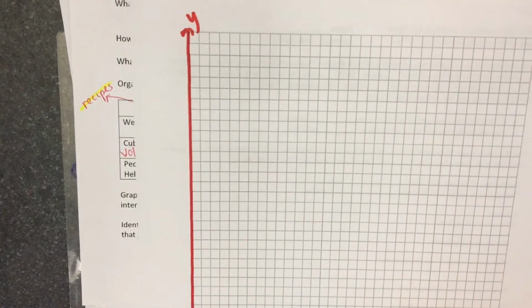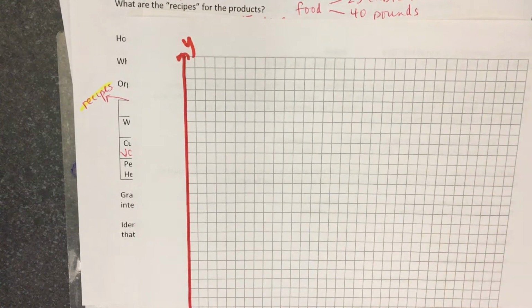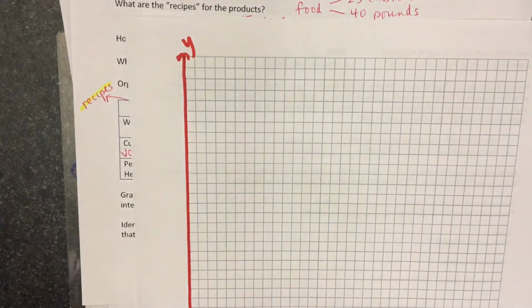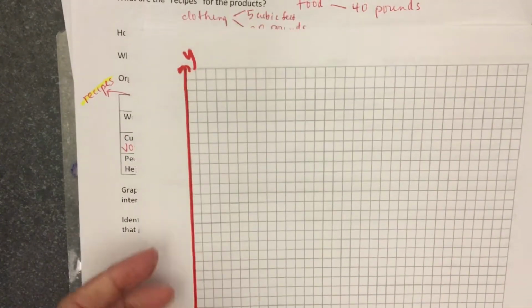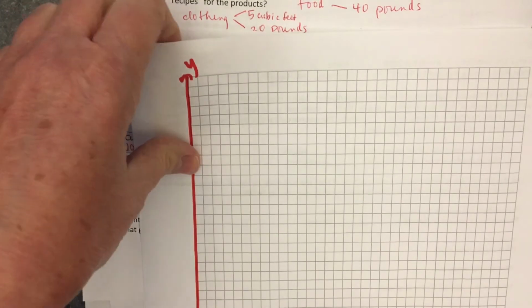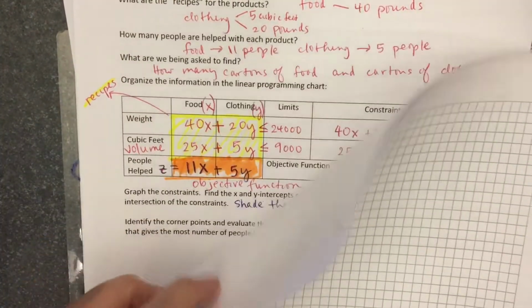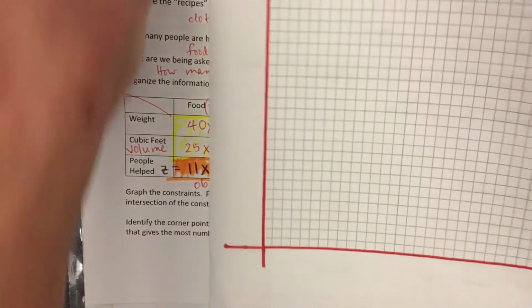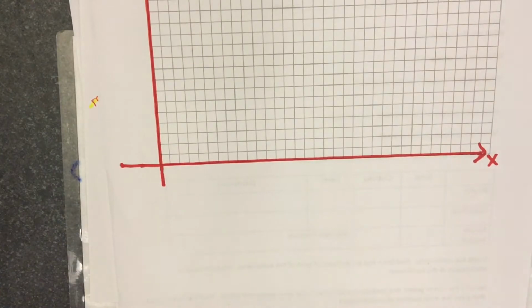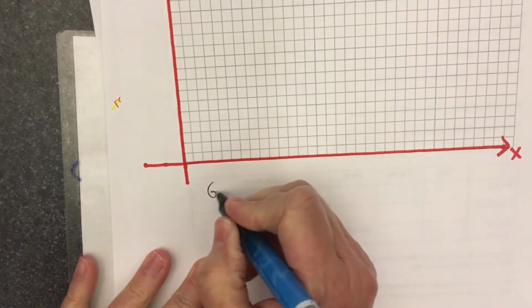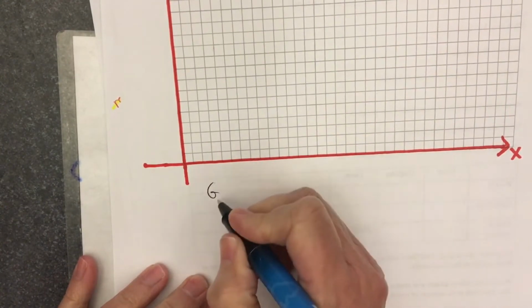And I'll graph the constraint. And again, because we cannot do a negative amount, I'm only worried about the first quadrant. Before I start putting numbers on here, I probably need to look and see what the intercepts look like. So let's do that. I'm going to show my work here at the bottom.